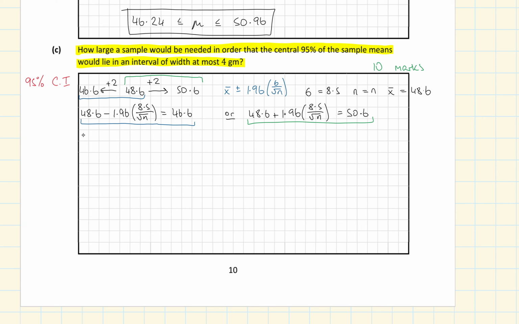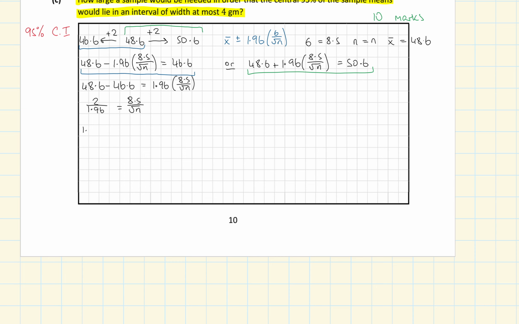Okay, so we get 48.6 minus 46.6 will equal 1.96 times 8.5 over root n. I bring this over to make it positive. That'll give me back 2. I'll divide across by 1.96. That's going to equal 8.5 over root n. Into your calculator, 2 divided by 1.96 will give us quite a long decimal.